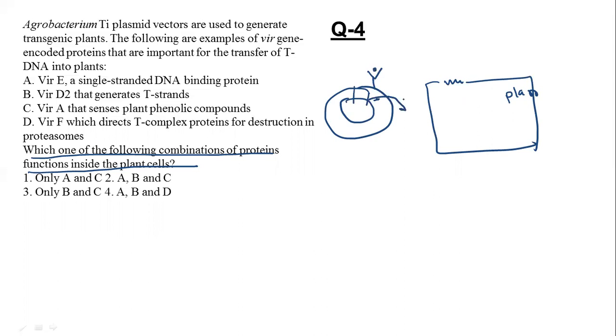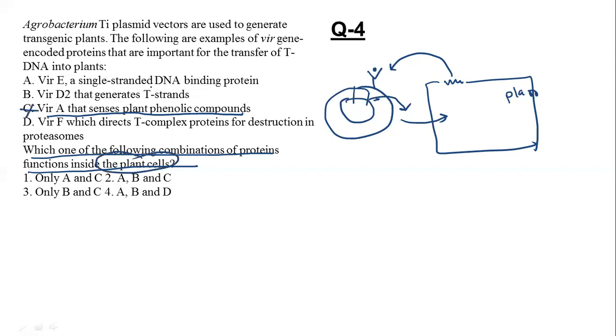Now T-DNA cut occurs, and after cutting, T-DNA enters into the plant. First is VirD2 that generates the T strand. Now VirA senses plant phenolic compounds. These are actually outside the plant cells, and inside the plant cells is what is asked, so these are not happening.